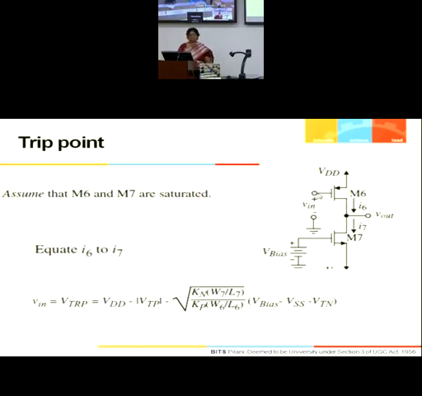That is, for a certain V in where M6 and M7 both are saturated and they have the same current, I find an expression. So suddenly this V out will take a swing from 0 to VDD or VDD to 0. In your saturated case, it may not be a full swing, it may be VDD minus V overdrive, or the minimum can be V overdrive, if you are assuming both transistors to be in saturation.